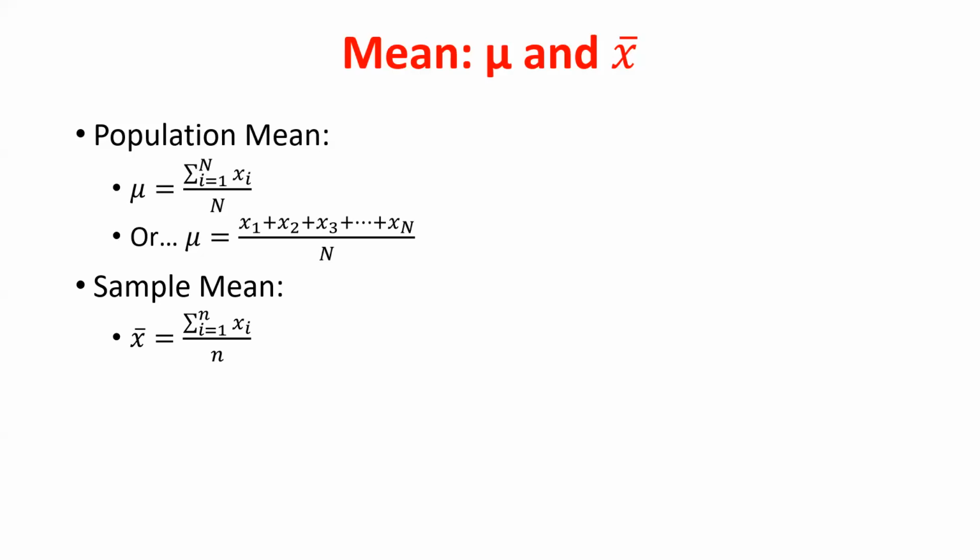So lowercase n will always be smaller than capital N, because my sample is always a small subset of the entire population. But in terms of calculating, I still just add up all the values for this x variable in my sample data set, and then I divide by the total number of observations I have, which is no longer the population but the number of observations from my sample. Procedurally, it's the exact same.